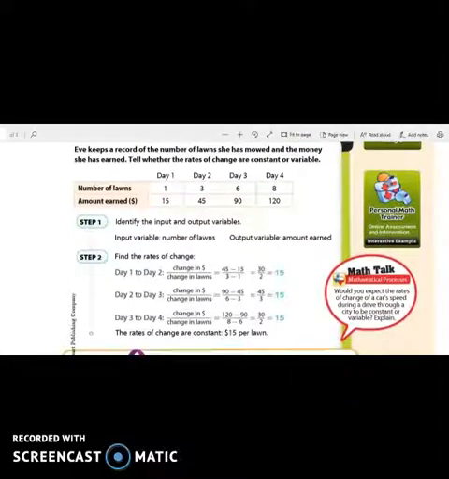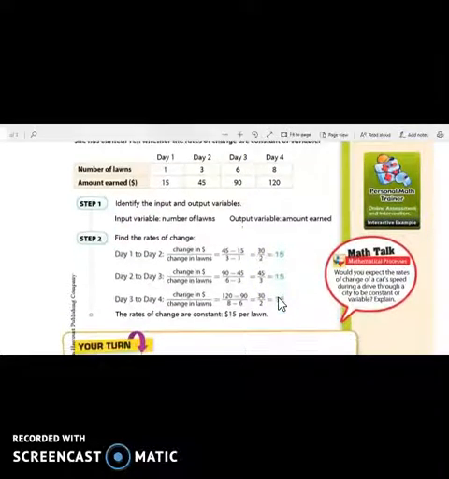So if we notice here, we are looking at from day 1 to day 2. So I'm analyzing from day 1 to day 2 using these y values, using these x values as my change in y over x. So again, from day 1 to day 2, day 2 to day 3, day 3 to day 4. Now, as you see in this particular example, they are consistent.